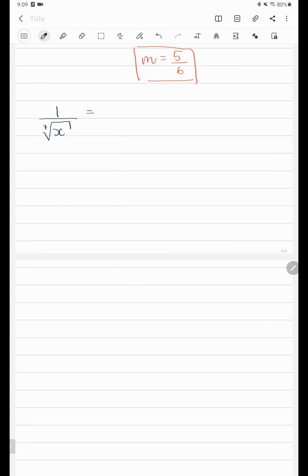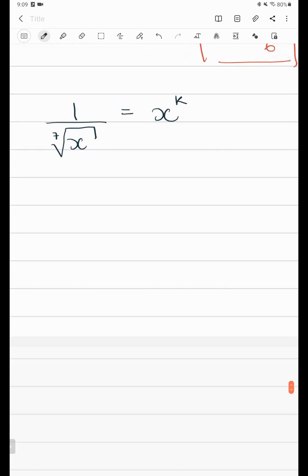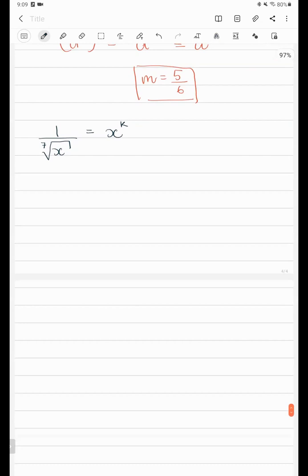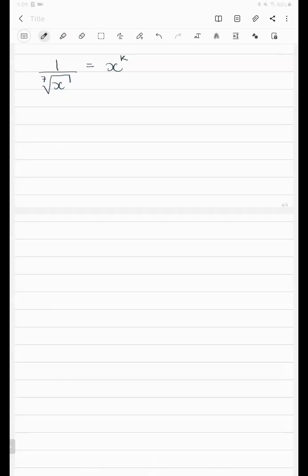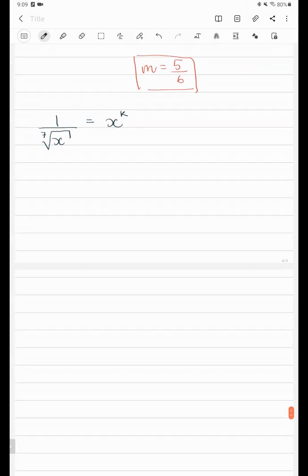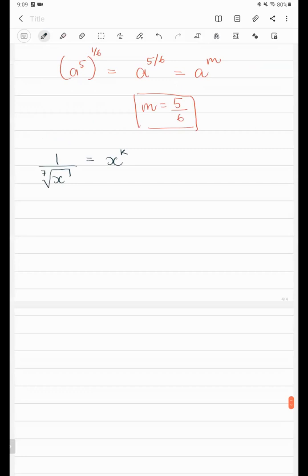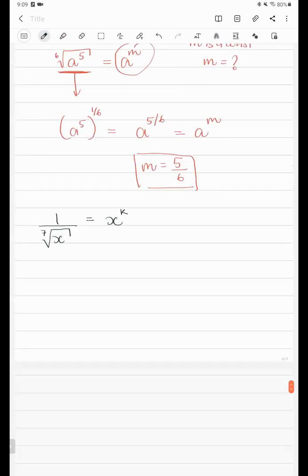And this is equal to x to the power, let's call it k. Now, can you recall this one? This is going to be important in solving this question.